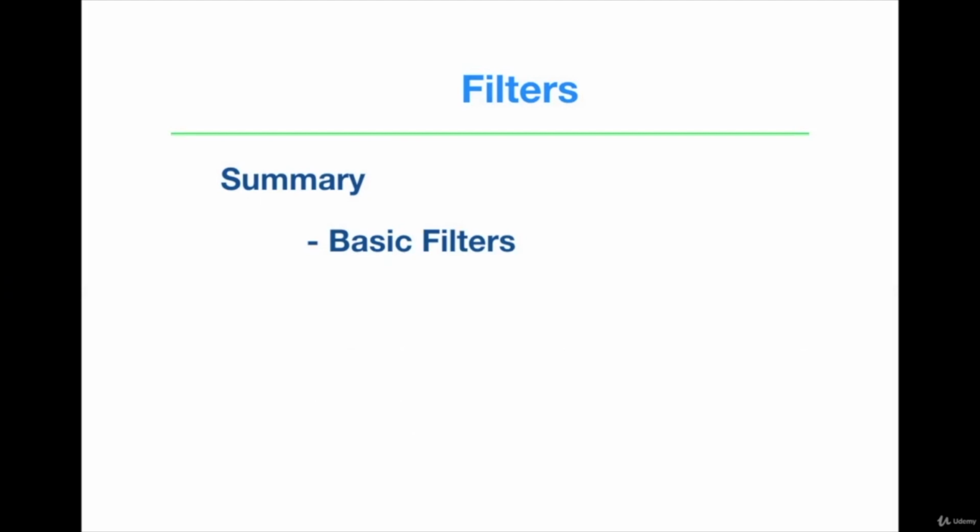This brings us to the closure of this module called filters. So let's summarize what we have learned in this module. We have learned some basic filters like cat, tac, head, tail, cut, translate, word count, sort, and grep.